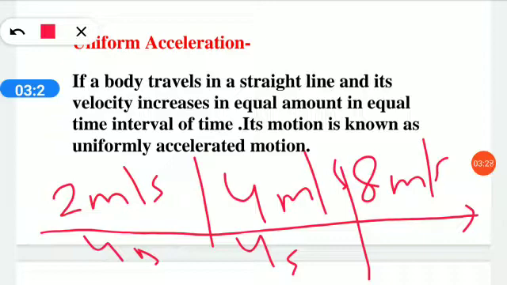So it's a sequence of multiplying by 2. It is increasing in a particular manner, so it is uniformly accelerated motion.